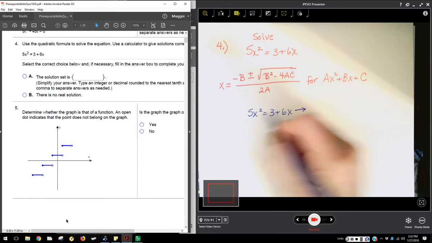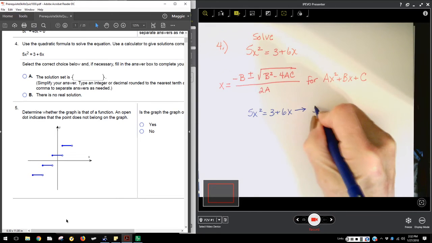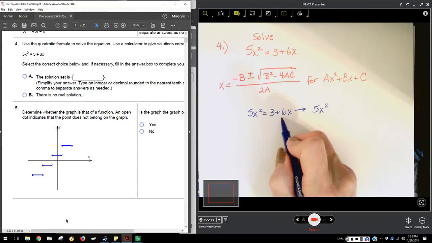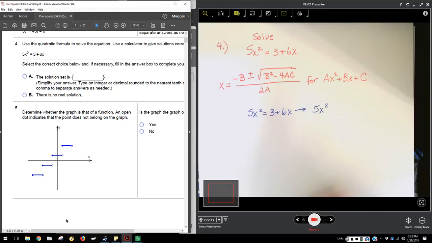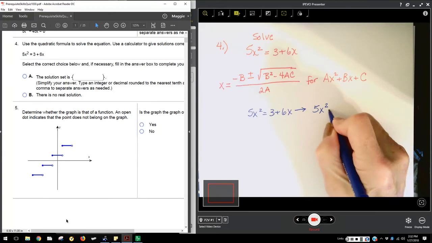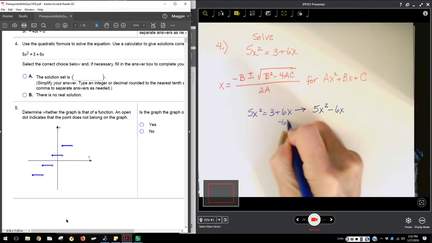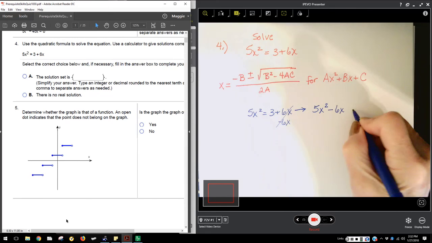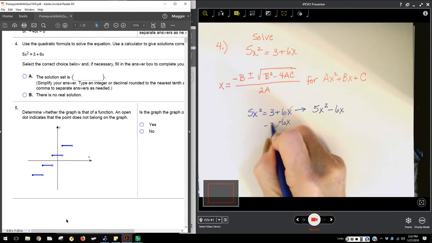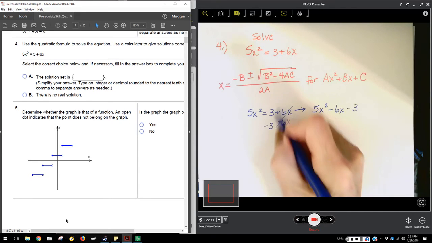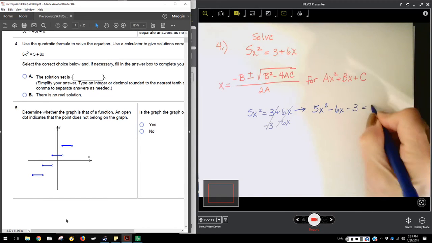by keeping the 5x squared where it is, and subtracting both of these terms from the other side. So that's going to be minus 6x and minus 3, which is going to leave me with 0 on the other side.